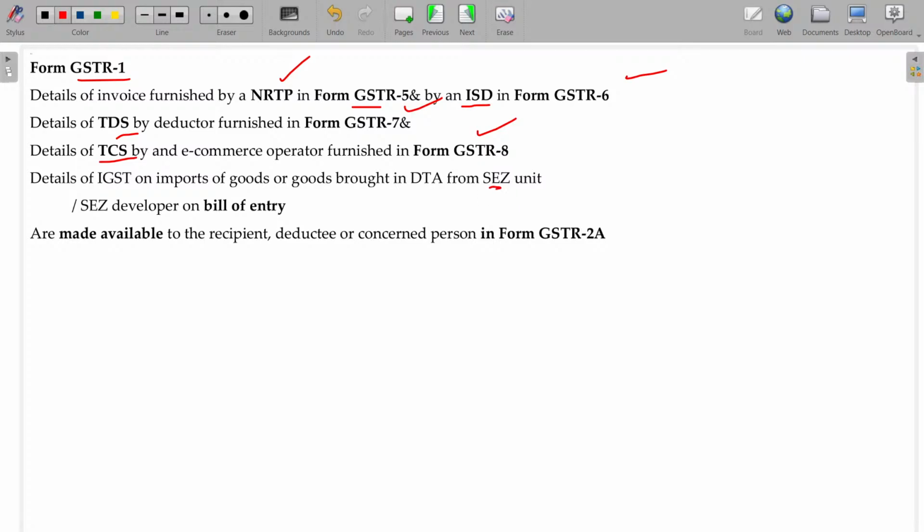In case of SEZ developer, supplies routed through bill of entry are made available in GSTR 2A. In case of SEZ and DTA, instead of a tax invoice, you have the equivalent tax document for import and export purposes, which is called the bill of entry. That bill of entry is similar to the GSTR 1 tax invoice and is automatically updated in GSTR 2A.